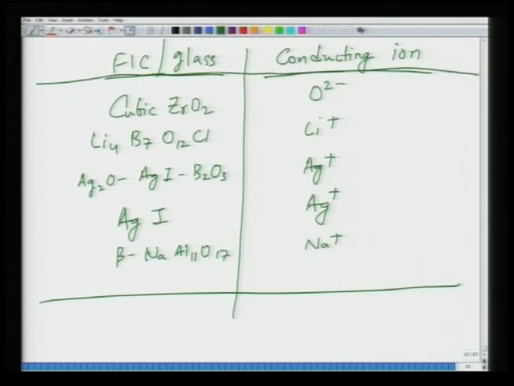So, in this lecture we have developed a quantitative model for conductivity in ionic solids using Maxwell-Boltzmann statistics under the application of an electric field, and we found that the expression is similar to what we got from the Nernst-Einstein relation. This conductivity is related to the exponential of minus the migration energy divided by kT. These two expressions are similar, which validates that what we have done is right.